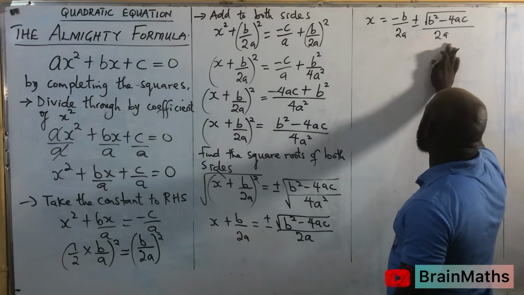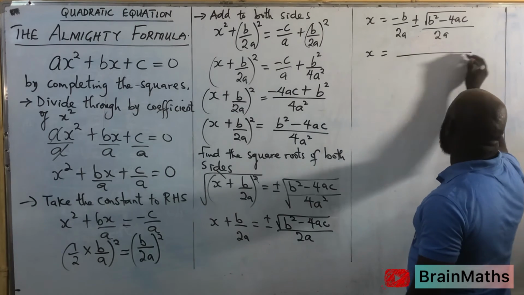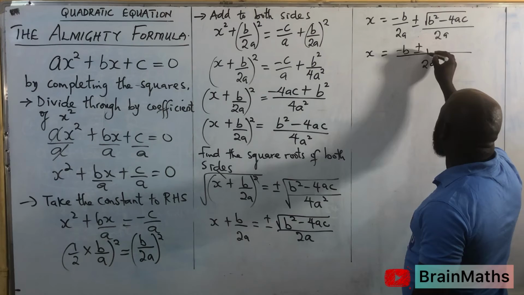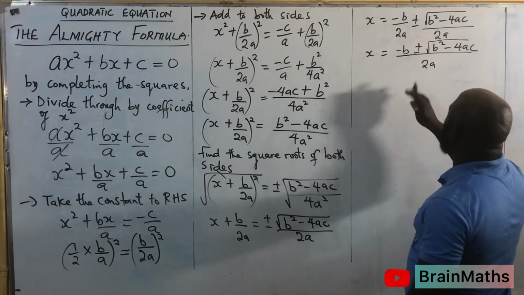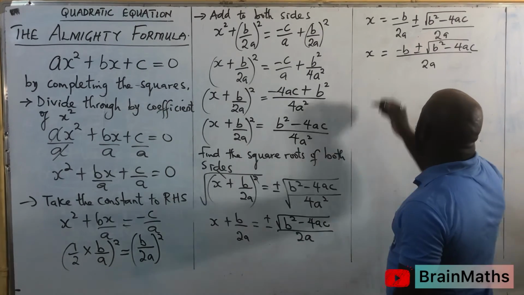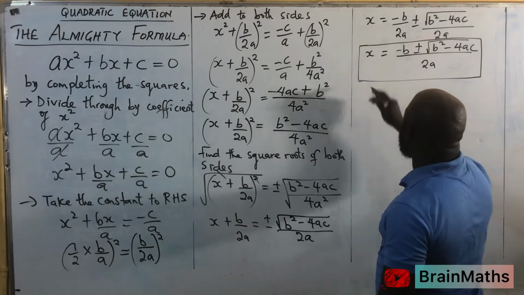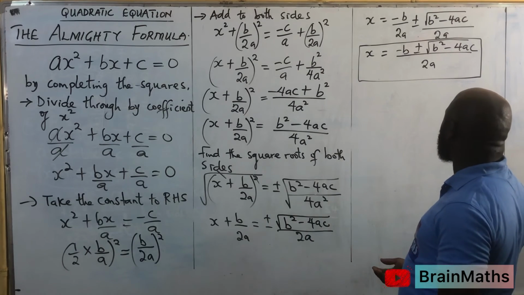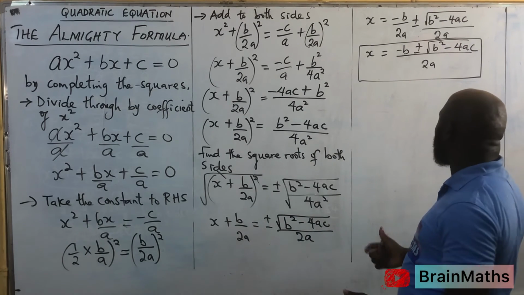So we have the same denominator, and we can say the LCM of the two sides is 2a. We are left with minus b plus or minus the square root of b squared minus 4ac all over 2a. And this is our almighty formula.